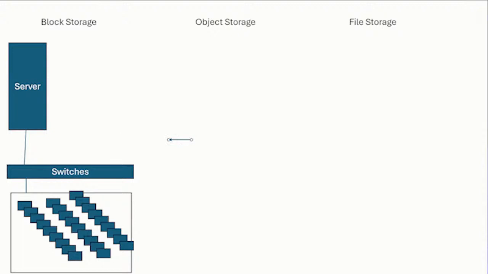Now we can create this virtual hard drive. The Cloud Security Alliance and the CCSK exam like to call this volume storage, and I'll call it volume storage over here. But it's a virtual hard drive.